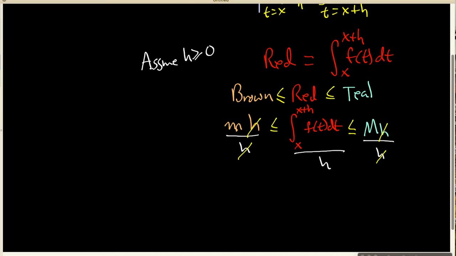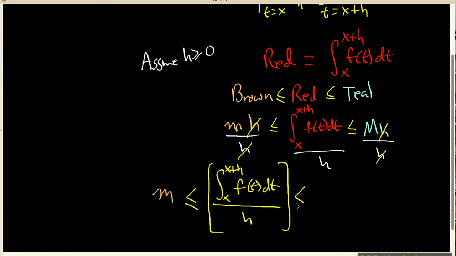We get the fact that the minimum value for the function is going to be less than or equal to the thing that we are trying to find the limit of, the integral from x to x plus h of f of t dt all over h.